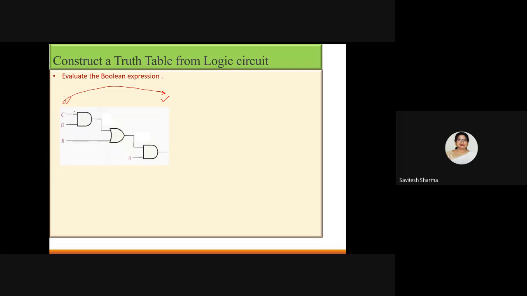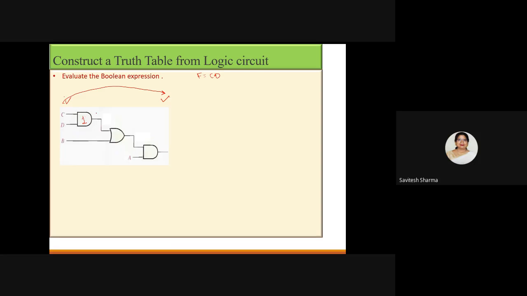Okay, so let's see here. In the leftmost, this is AND gate number 1, and it has two inputs, C and D. You know the operation of the AND gate: the output is the product. If the inputs are A and B, the output is AB; here the inputs are C and D, so you will write CD or C dot D. So I will observe the leftmost gate, see the input variables, and write the expression of this gate.